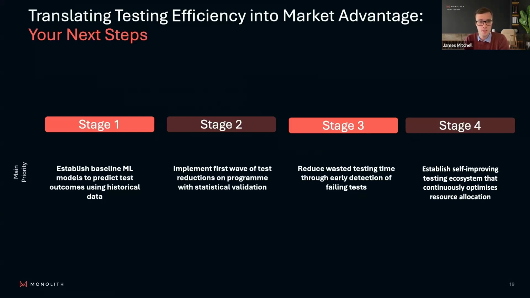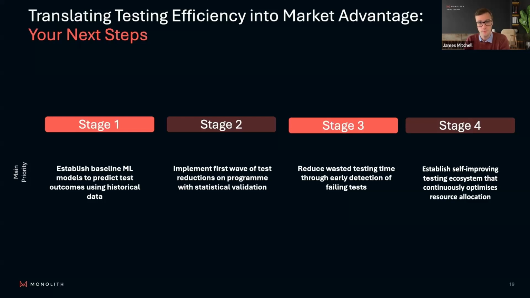So in stage one, we go through a workflow very similar to what Casper's just talked through on a historical data set, to show that there is an advantage to be gone after. We'll then take that into stage two, normally on a live program, deploying it in the first program to show the range of improvements.